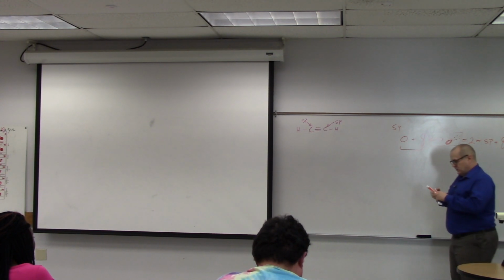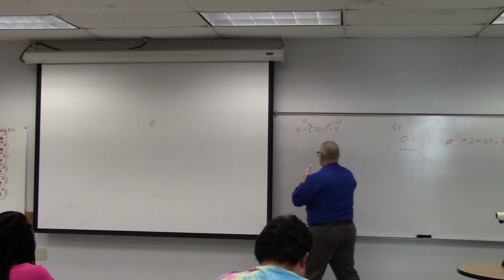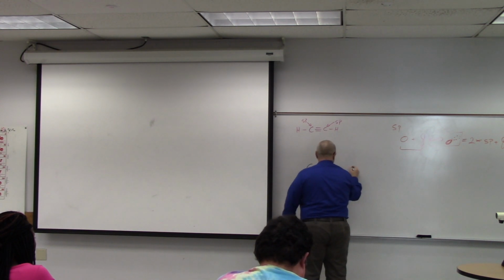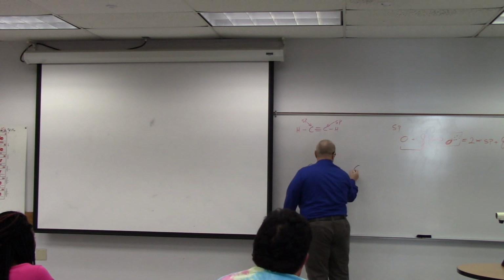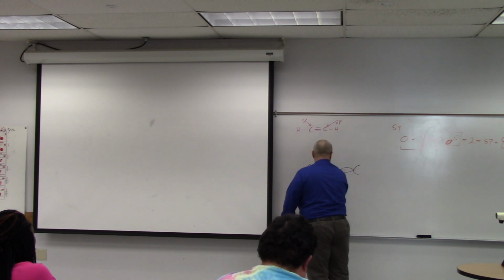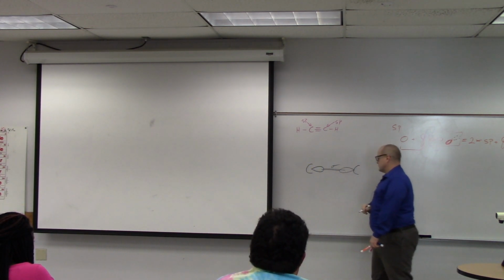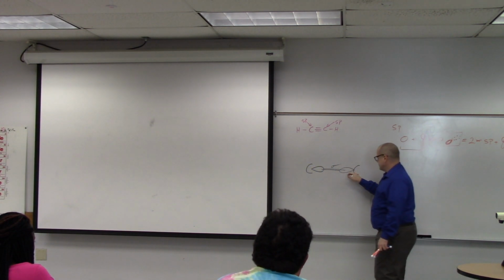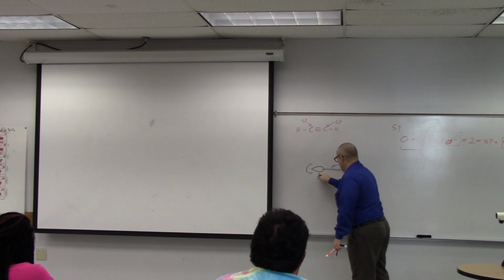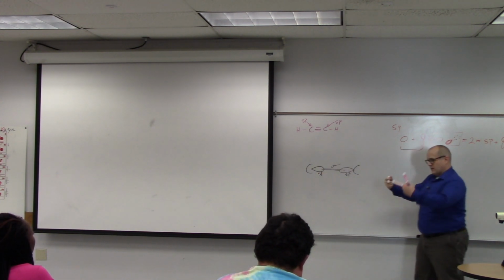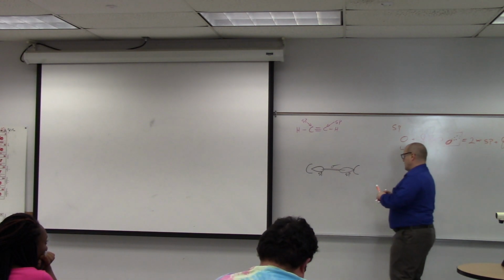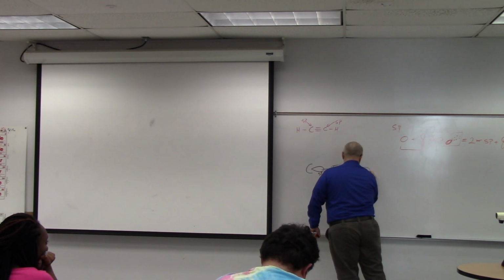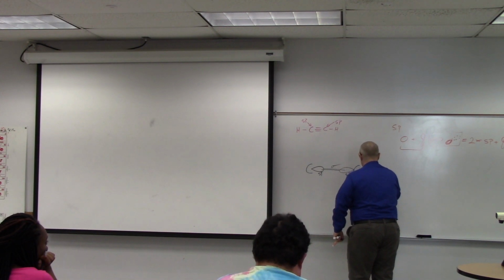Now here's what sp looks like. There's a carbon. There's a carbon. And here's my first bonding. That's a sigma bond. This is an sp orbital here. This is an sp orbital there. And that's a sigma bond, head to head. Good orbital overlap, very strong bond. The other sp orbital, because remember there are 2 of them, believe it or not, is 180 degrees.